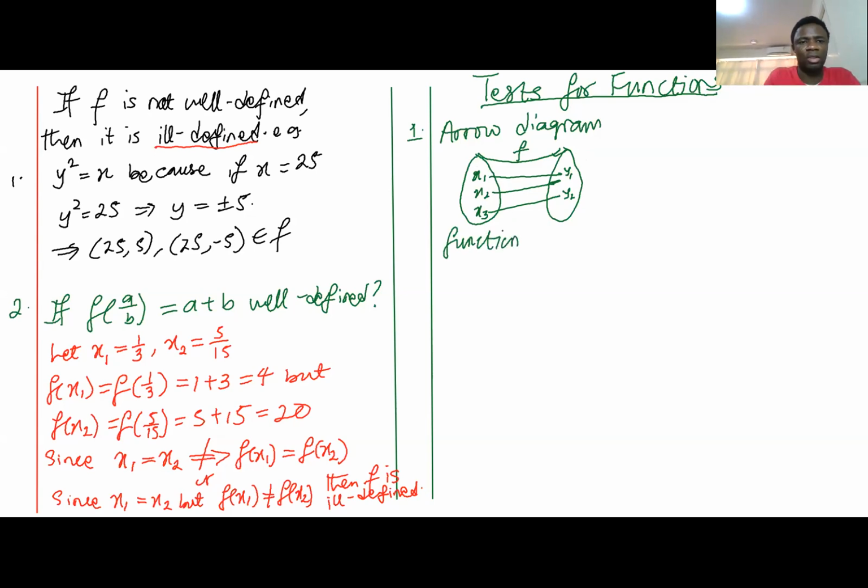But let's see the one that will not be well-defined. So if my arrow diagram looks like this, I call it G. So I have here x1, I have x2, and I have x3. May I draw that properly? Okay, this is even better. I never knew that was there.